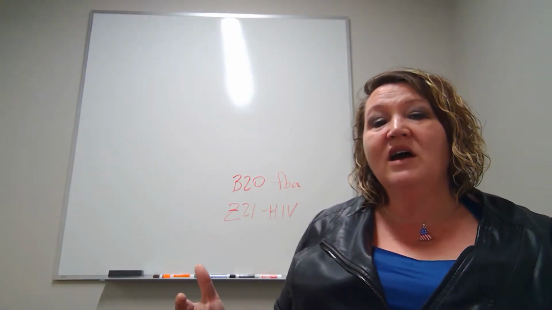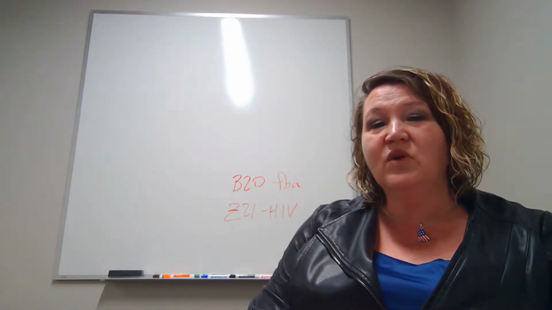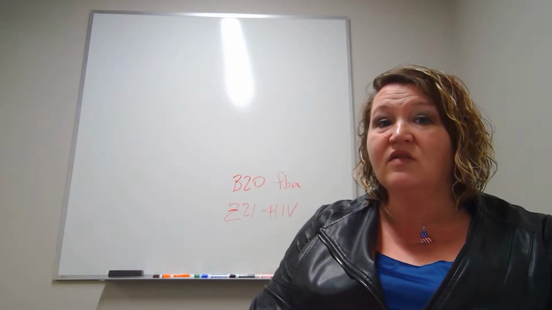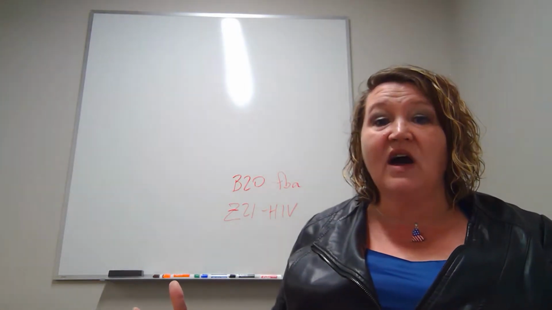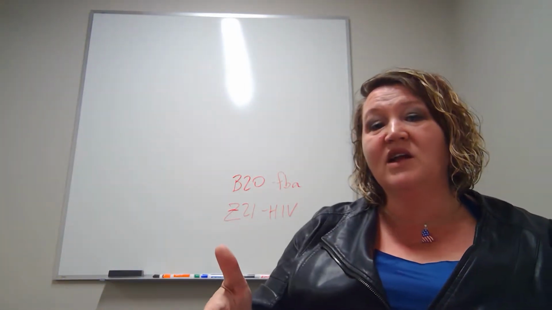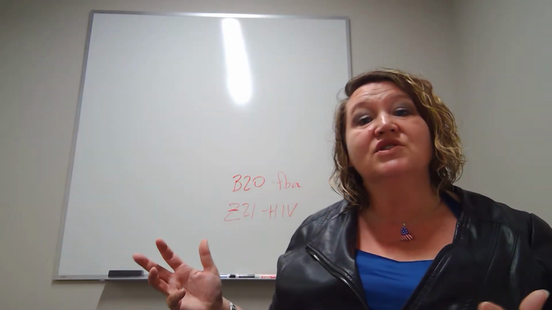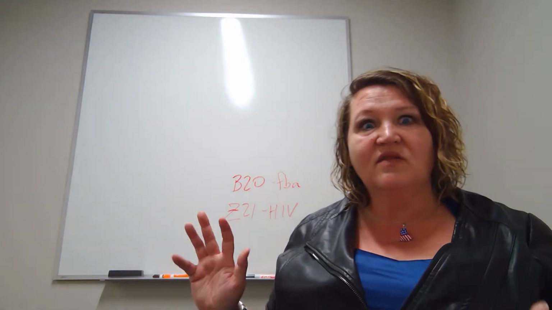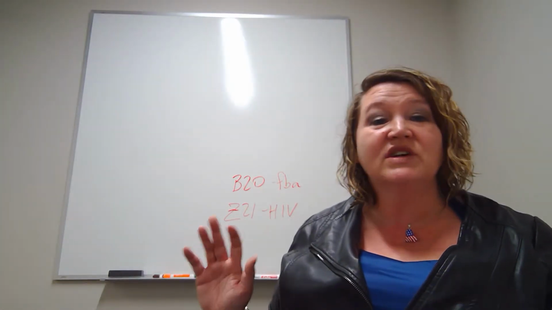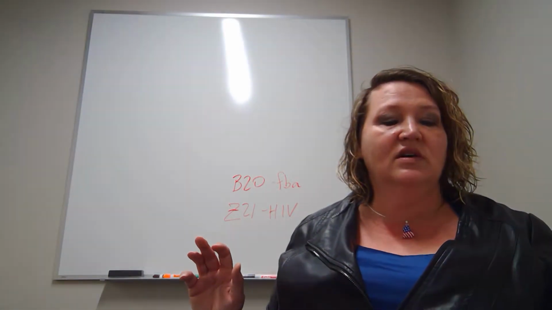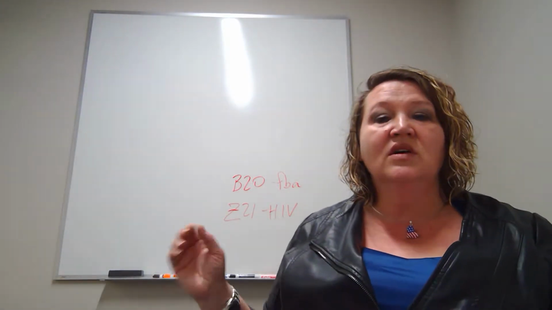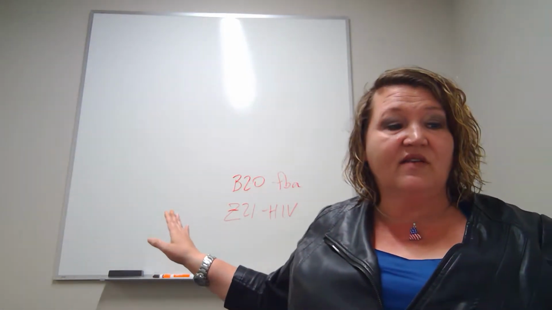Then when they come in, whatever the reason that they're there for, if it's not associated with the HIV virus, then that is going to be the principal diagnosis, and the Z21 code will be listed as additional information, why we had to treat this patient a little bit different, why we had to spend more time with this patient. So that's what we are going to focus on for the HIV virus.